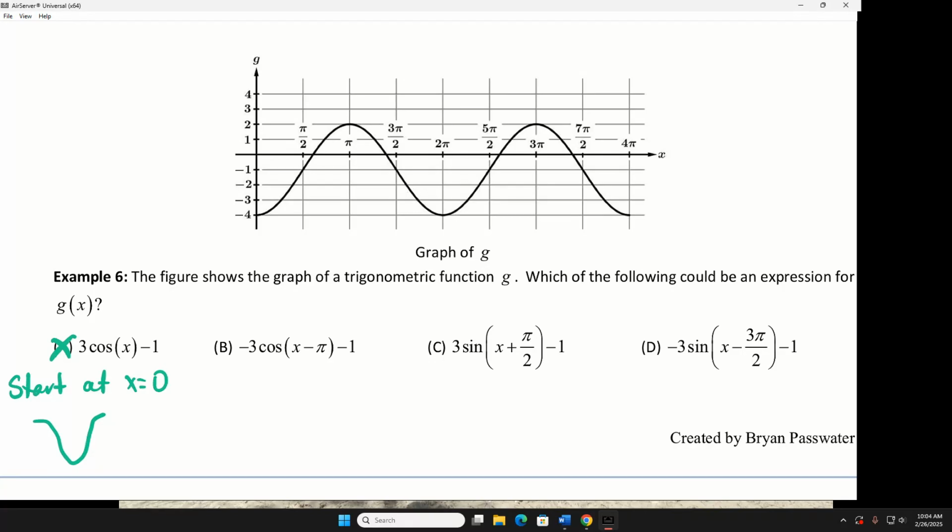Does this one have a phase shift? Yes. This one also has a reflection. All right. Since this one is shifted pi to the right, we're actually going to start at x equals pi.